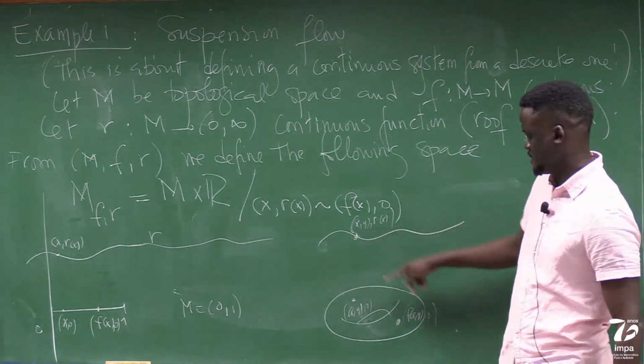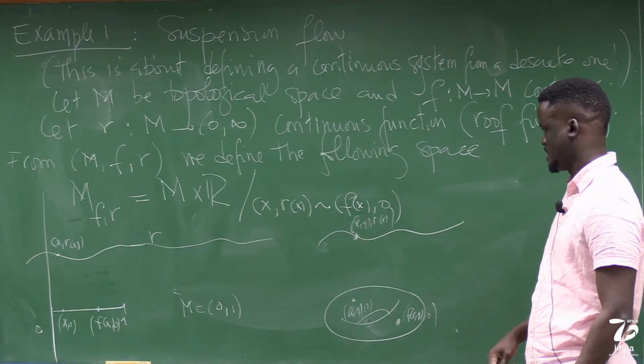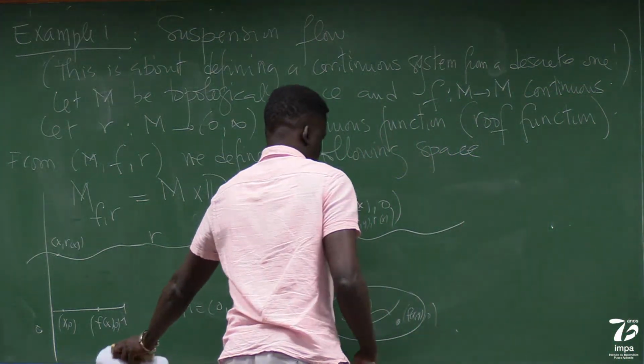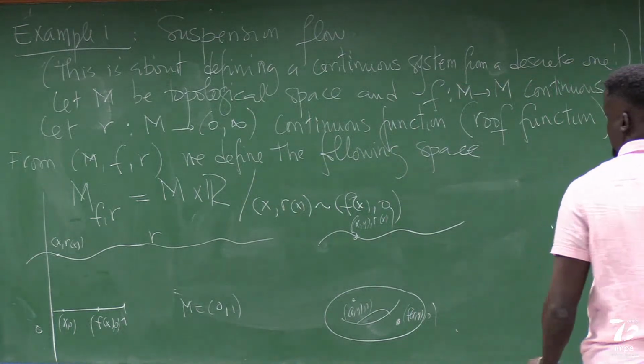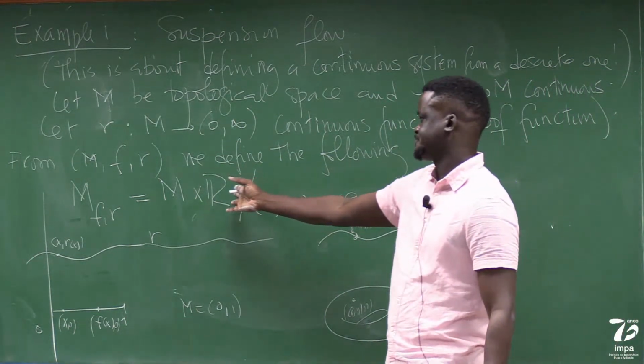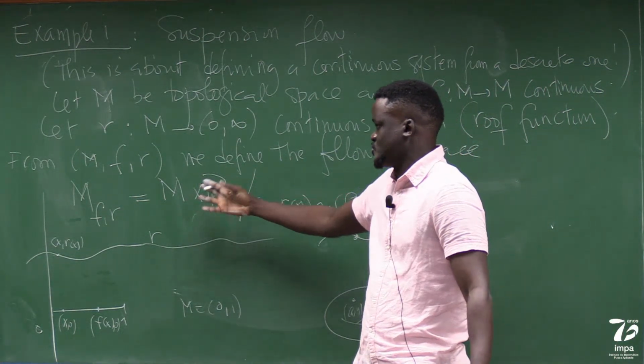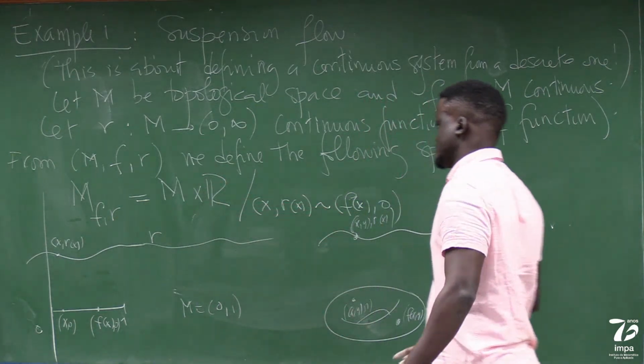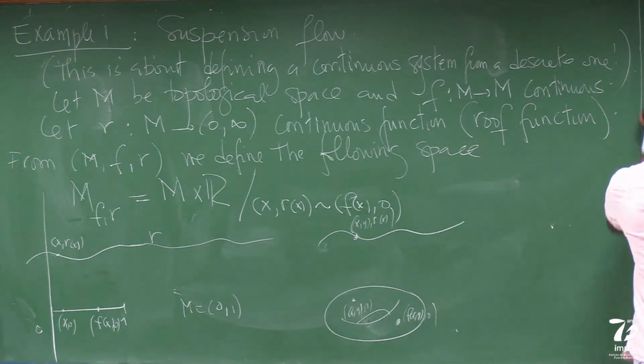So this point and this point are the same. You do this identification. A question you might ask is whether this defines a topological space or a manifold. This is a topological manifold. I will not ask you to prove this, but you can find it by using some coordinates.